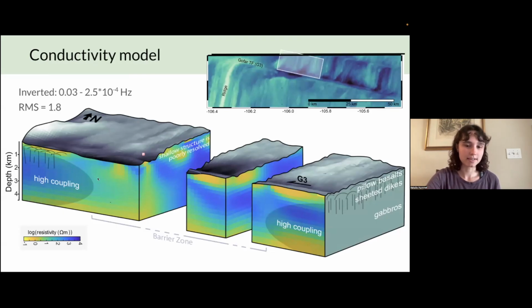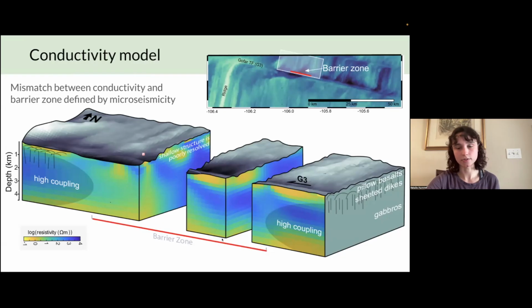And we can see already that there's this high conductivity, so apparently high porosity region sort of along the fault. So it's higher conductivity here than it is north of the fault, right? Or off to the sides of our survey.